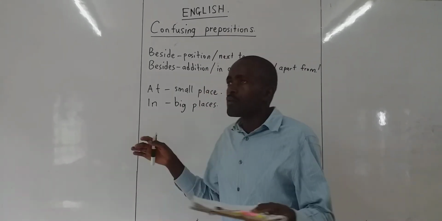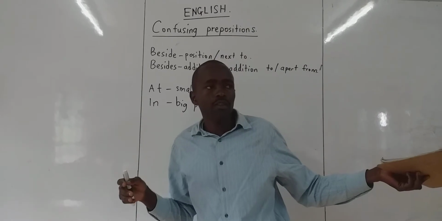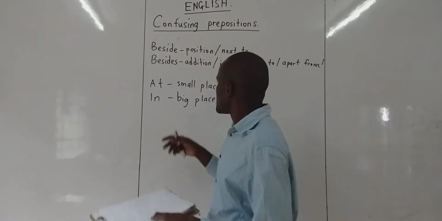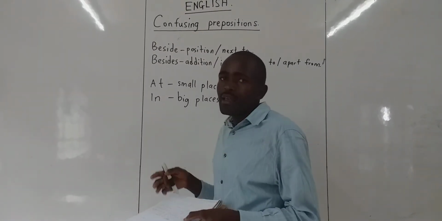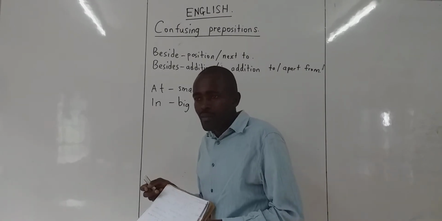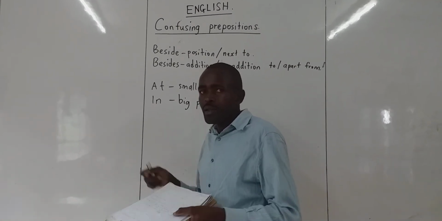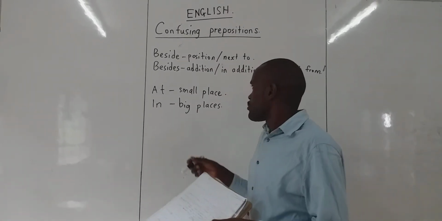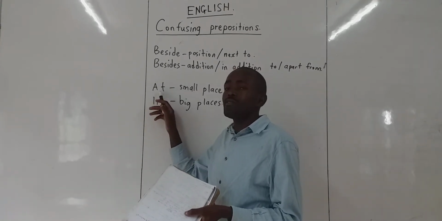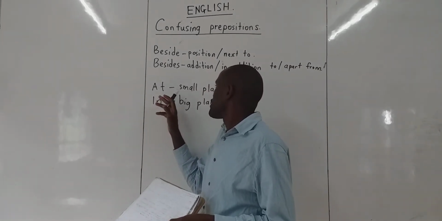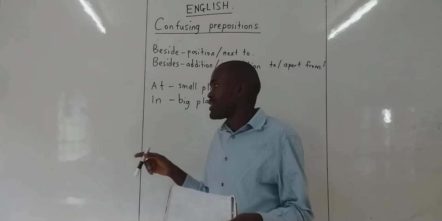Because at, for example, the small village here is called Ngolong. So if someone lives at Ngolong, let me take the name Moses, we can say Moses lives at Ngolong because Ngolong is a small place.